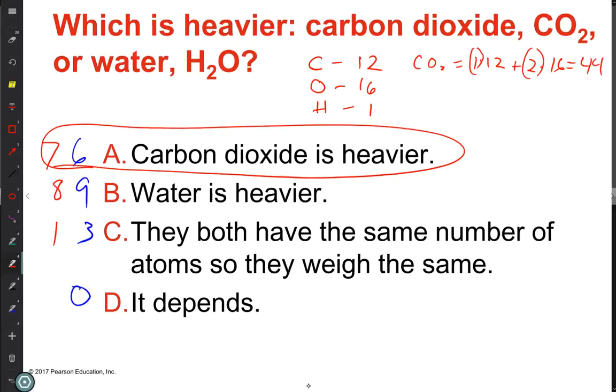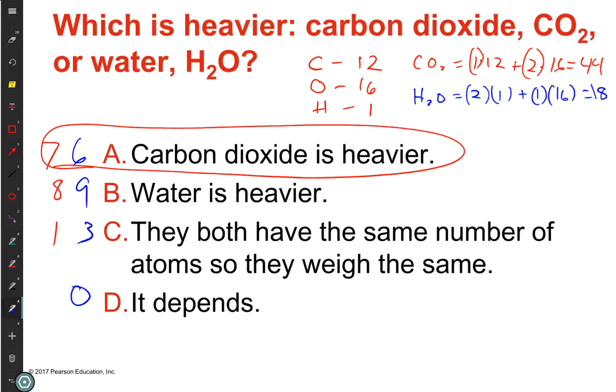With H2O, you're going to have 2 times the 1 for hydrogen plus 1 times the 16 for oxygen. That's 18. And so since 44 is a bigger number than 18, the answer was indeed carbon dioxide is heavier.